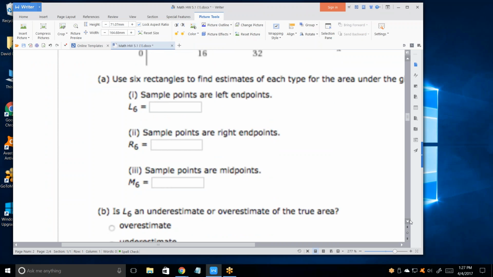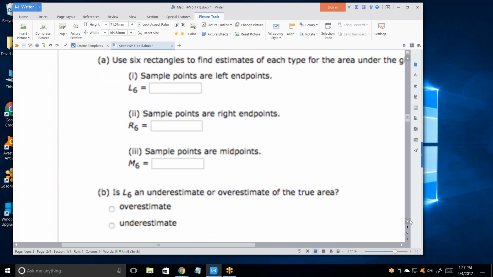All right, so that takes care of A. And what they're asking in B is, when I use left endpoints, am I overestimating or underestimating? Well, on this particular curve, you're overestimating. So B is overestimating.